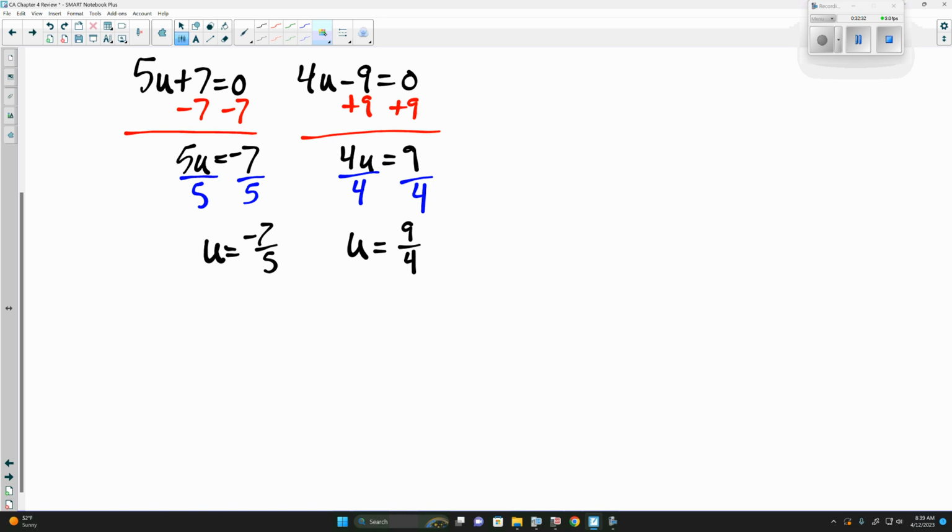Any questions on how we got through this here? Now again, we're using u in place of e to the x.